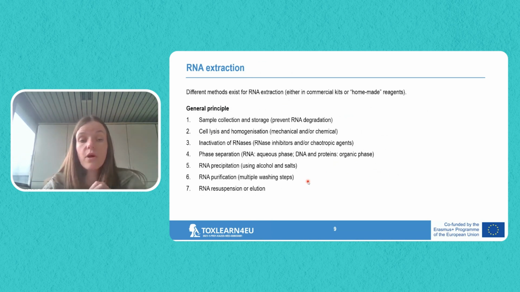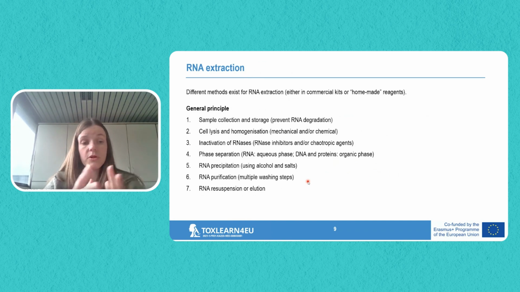They can save you quite a lot of time, but of course, it's also more expensive than making all reagents yourself. But irrespective of whether you use a commercially available kit or whether you make reagents yourself, the general principle of RNA isolation is always the same. So first of all, you will collect samples and you will store them. Often samples are stored in liquid nitrogen, afterwards in a -80 freezer.